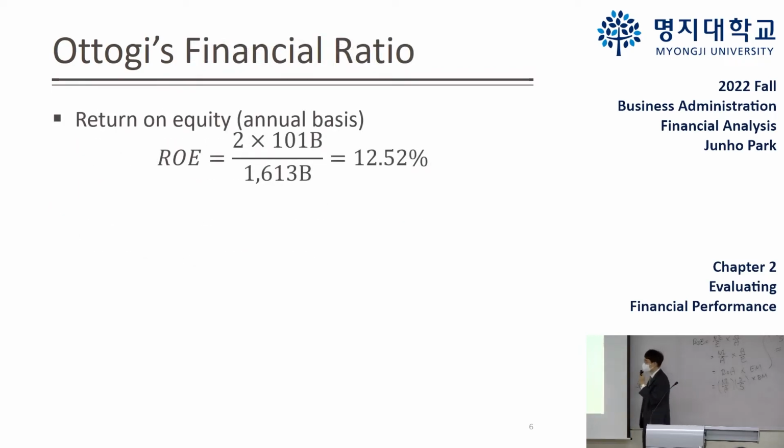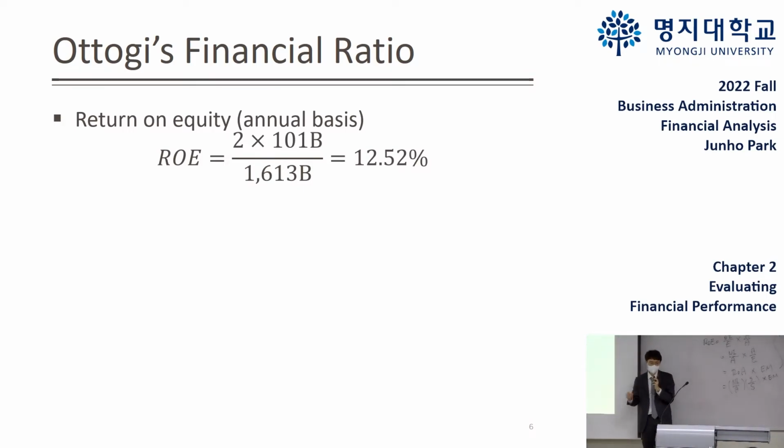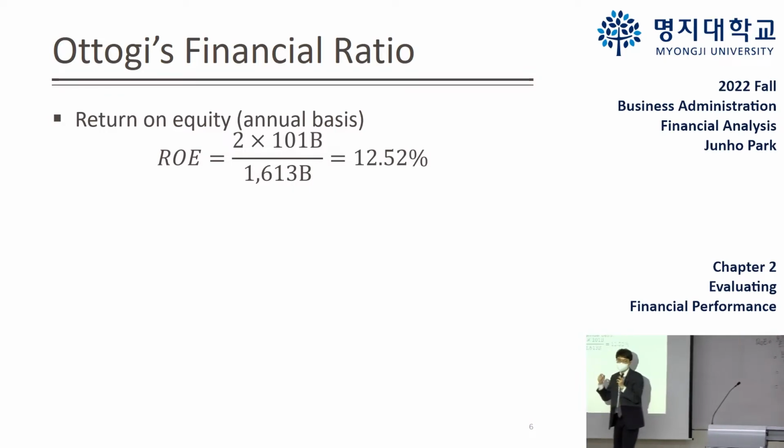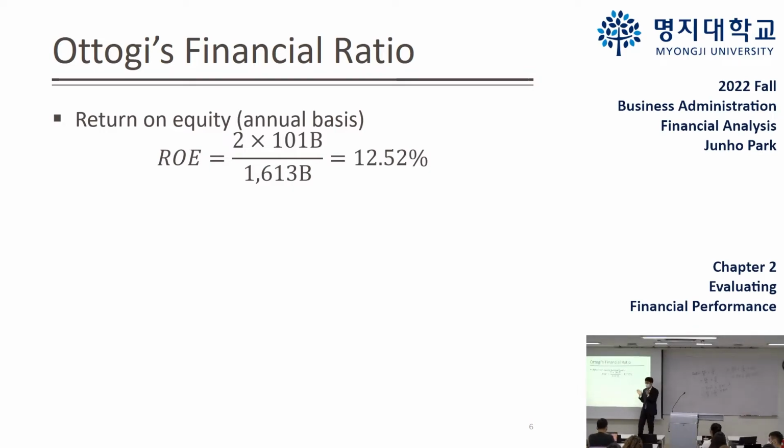When I calculate the ROE, I like to show it on an annual basis. So what will be their annual ROE if their trend goes on? I just assume that for the next 6 months, they will get exactly the same sales and net income.